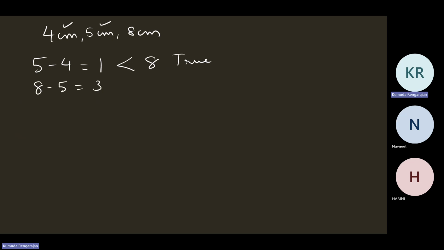The difference is 3. The difference of two sides should be less than the third side. We have taken the sides 5 and 8, so the left out side is 4, right? So 3 is less than 4. True.